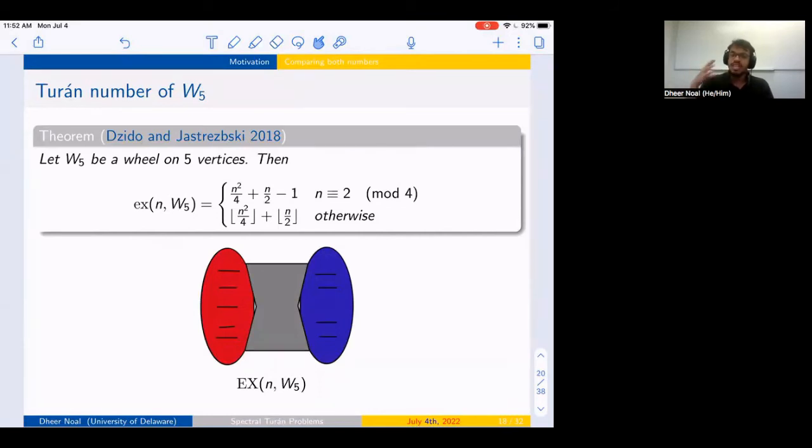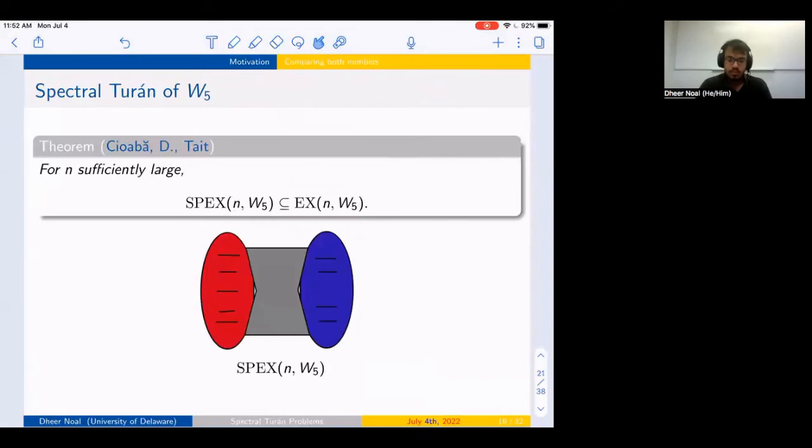The n squared over 4 comes from the balanced complete bipartite graph underlying it, and the n over 2 comes from embedding a maximal matching inside each of the parts. What we were able to show was, again, that the spectral extremal graph has the maximum number of edges in the W5 case.